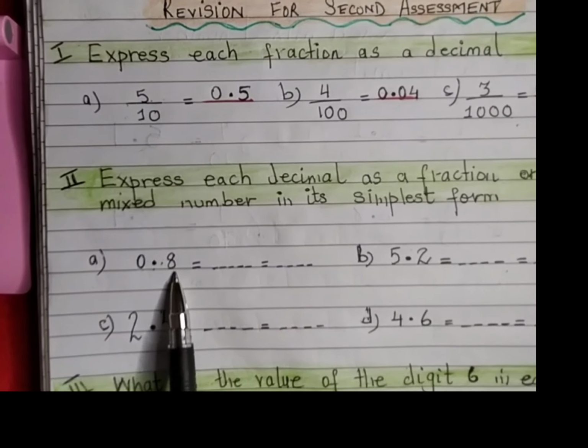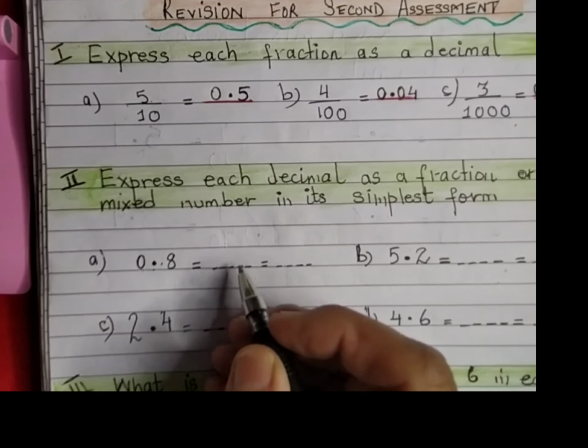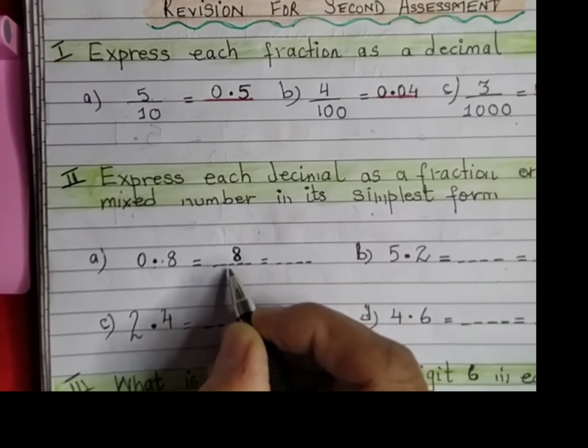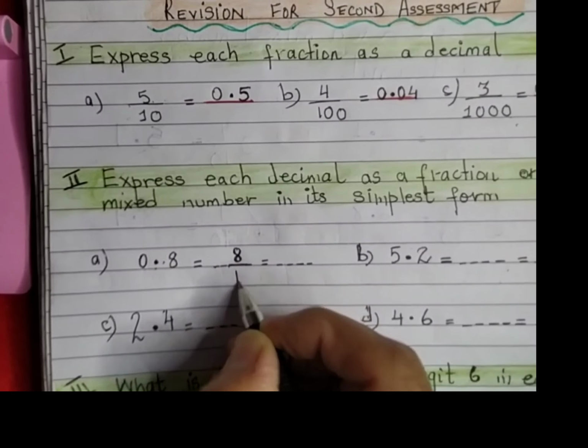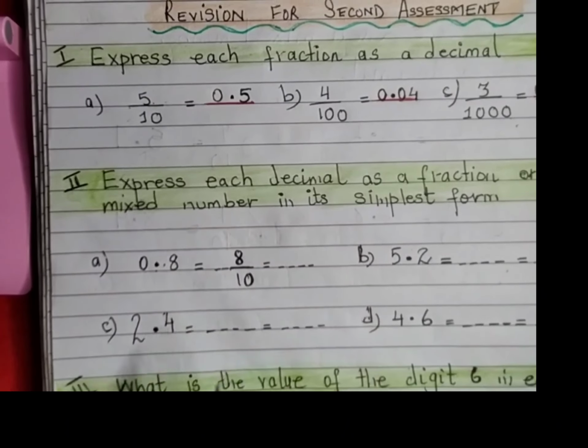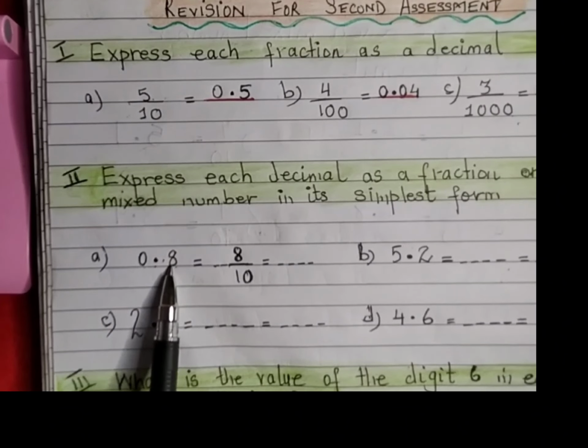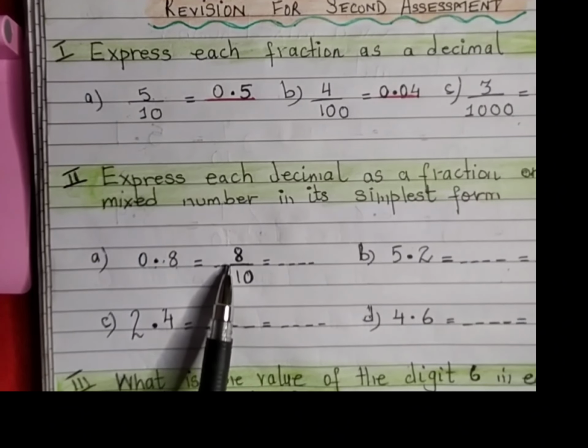0.8, and it will first be converted into a fraction. 8 upon 10. Why? Because 8 stands on the 10th place. Now we're going to bring this into the simplest form. Simplest form means you are going to reduce it to the lowest terms.